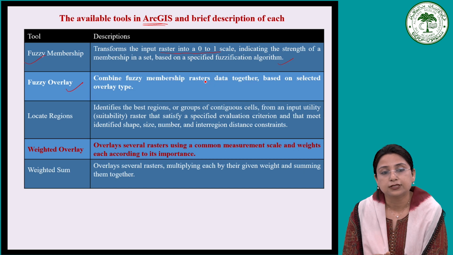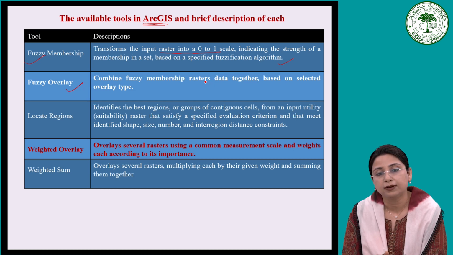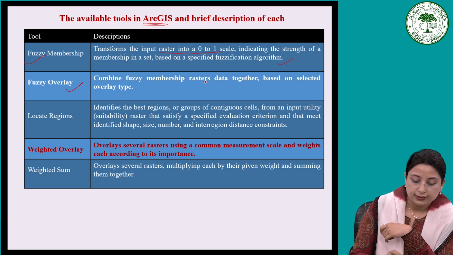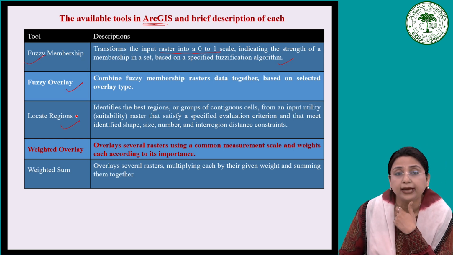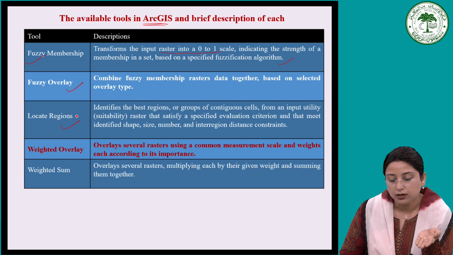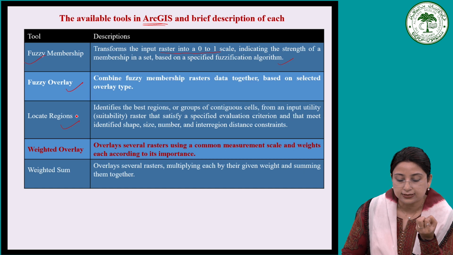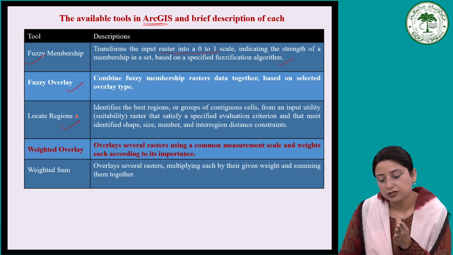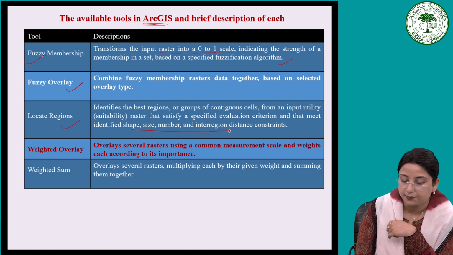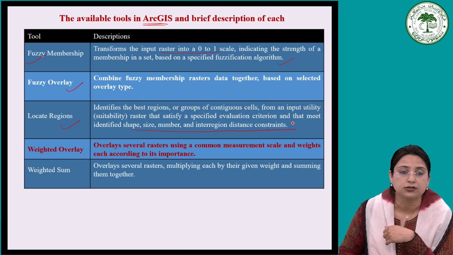So simply in fuzzy overlay, we combine the fuzzy membership raster data together based on the selected overlay type. Then locate regions. There is another tool, locate regions, that is identifying the best location, the best site. It finds groups of contiguous cells from an input utility raster that satisfy the specified evaluation criteria and meet identified shape, size, number, and inter-region distance constraints.